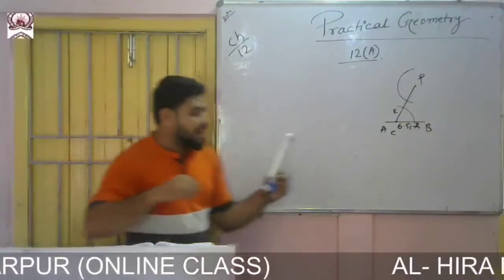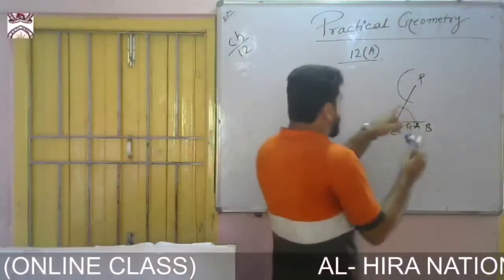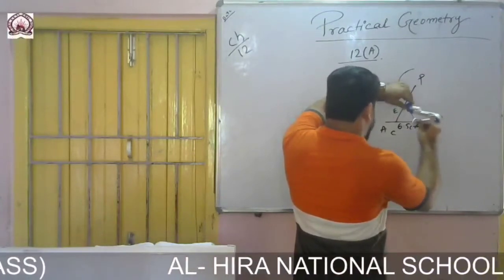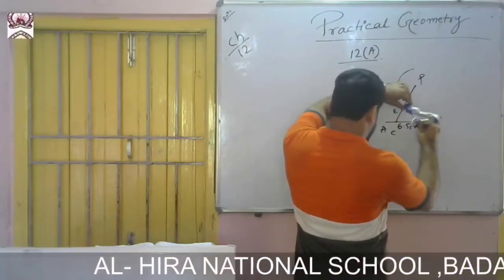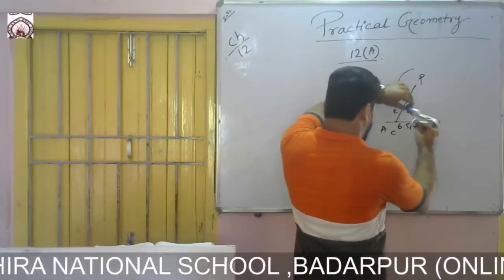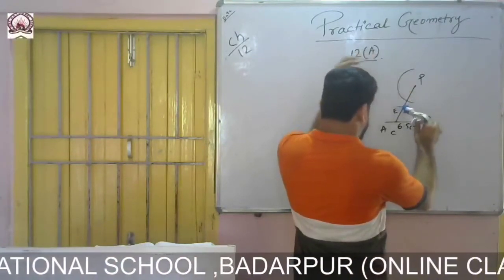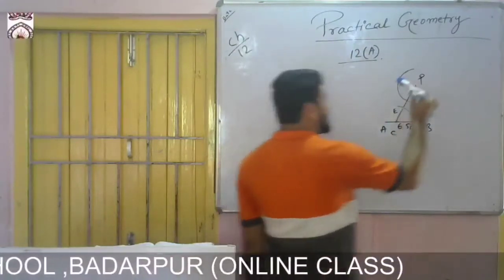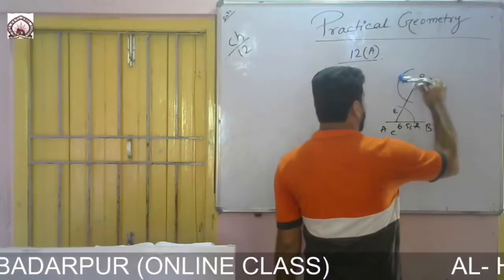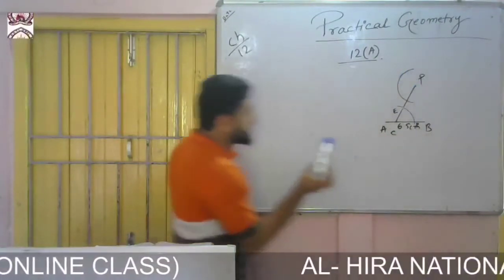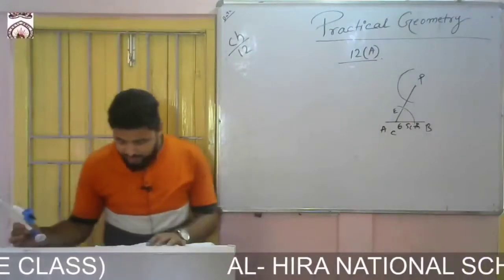Now measure the distance between E and D by adjusting your compass. Then measure the distance between E and P. Whatever the distance will be, again taking P as center, you draw another arc.